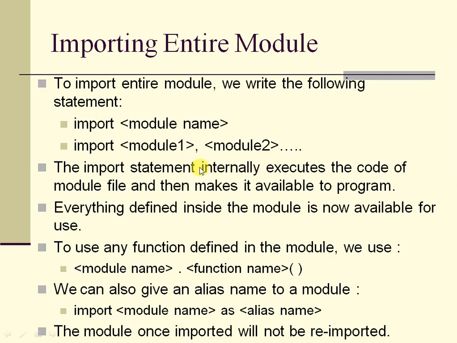The import statement internally executes the code of the module file, and then makes it available to the program. Whenever you import it, all the statements of that module are executed first to check whether they are ready to use or not.